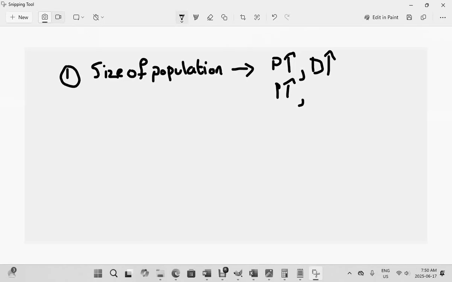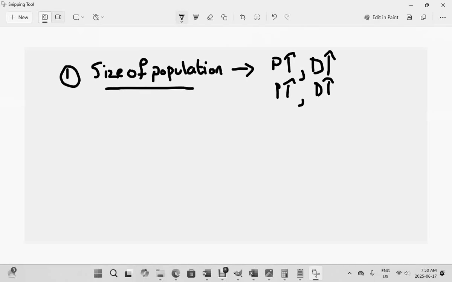The age group, or any other subcategories of the population itself, you also have to consider when figuring out whether the demand will go up or down. So that would be the size of the population as well as the demographics.